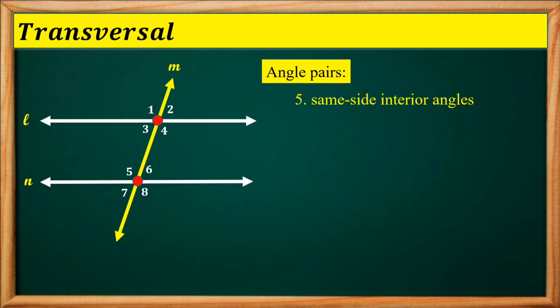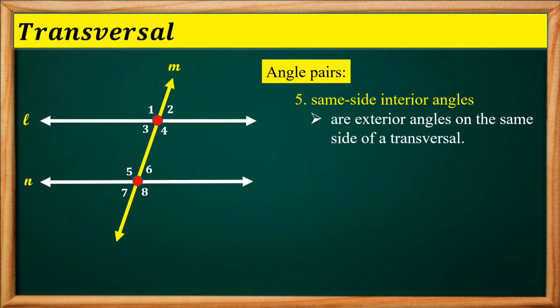Next, the same side exterior angles. Exterior angles are angles on the exterior and on the same side of the transversal. Angle 1 and angle 7, and another one, angle 8 and angle 2.